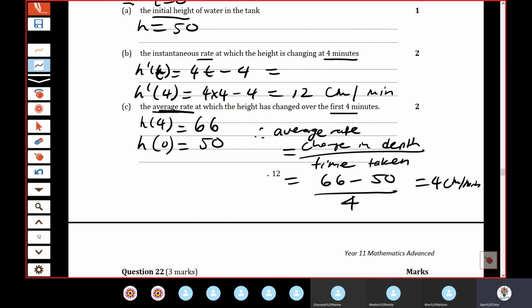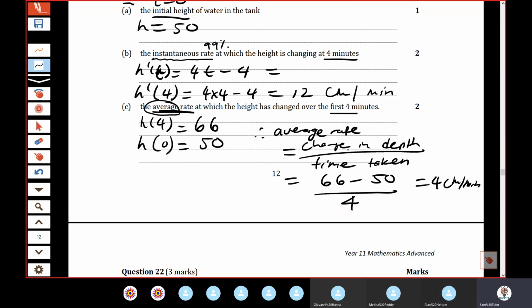Does that make sense? Well, doesn't it say rate? Yeah, but that is a rate, right? Because it's a change in depth per time taken. So the only difference between the two is the fact that this says average rate compared to instantaneous rate. They're both rates. Now, 99% of the times it's this. The problem is the fact that it says average rate.